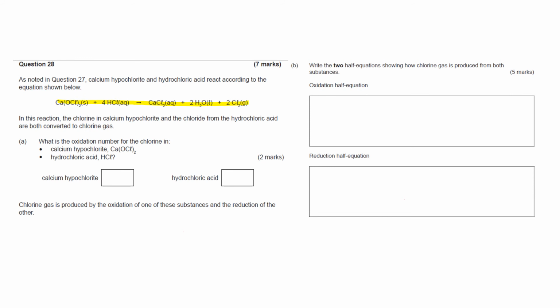First of all, it wants the oxidation numbers. What we've got in this question is that the calcium hypochlorite and the hydrochloric acid are making chlorine and calcium chloride. So what is the chlorine's oxidation number in the calcium hypochlorite? To answer this, we start off with the fact that calcium hypochlorite, CaOCl2, is actually made up of a calcium ion, because it's ionic, and an OCl- ion.